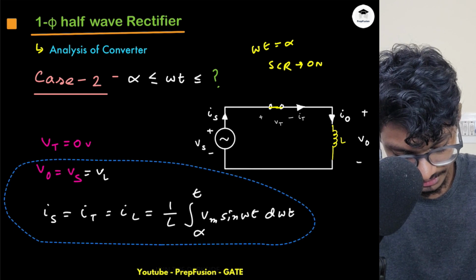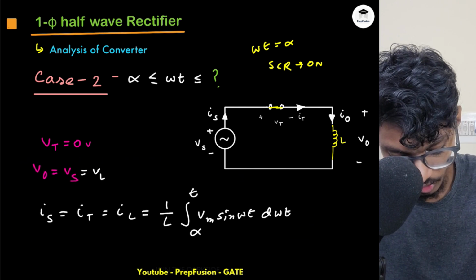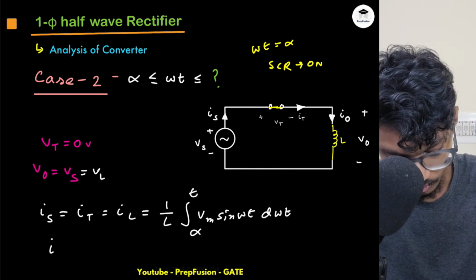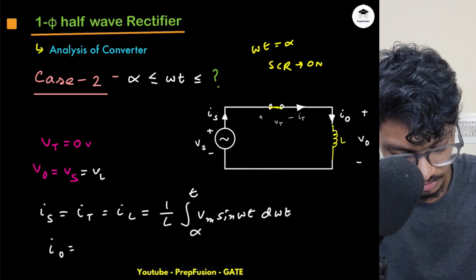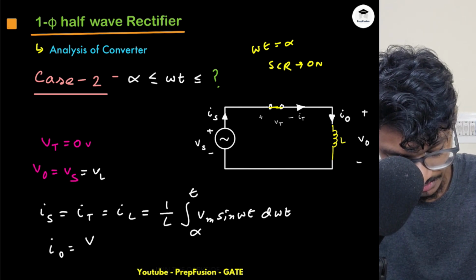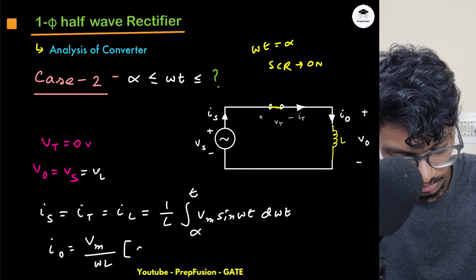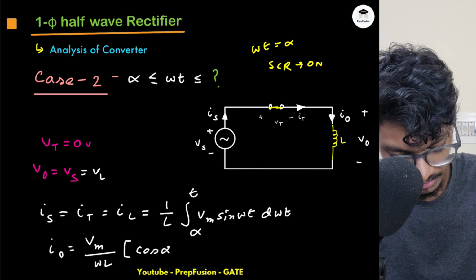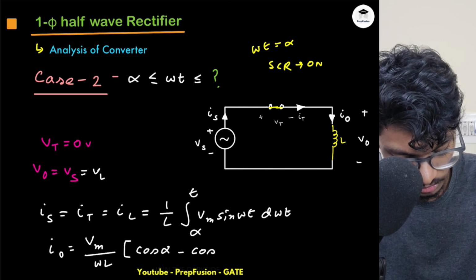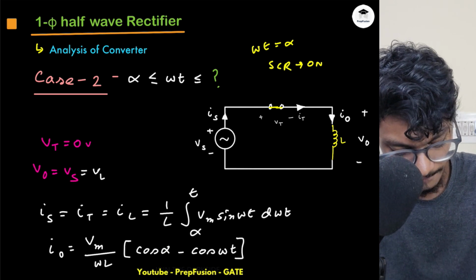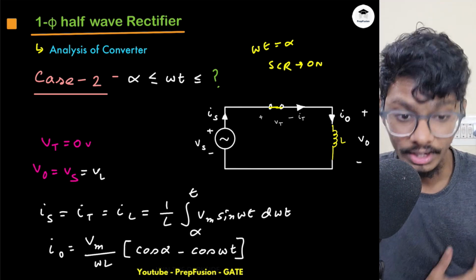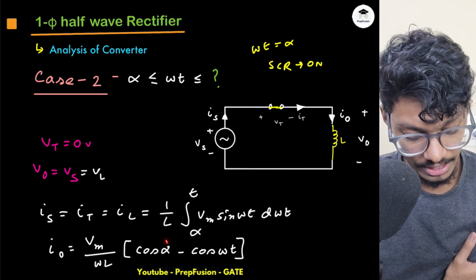Now what will be this IS value or IO value? This IO value will be the same thing: Vm by omega L into cos of alpha minus cos of omega t. So what can I say?